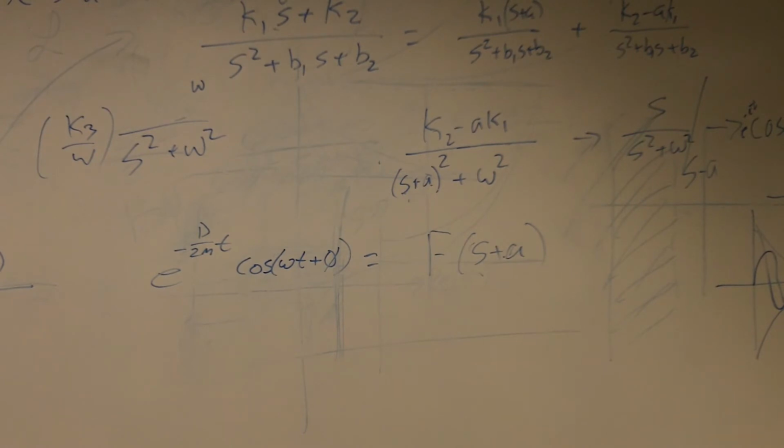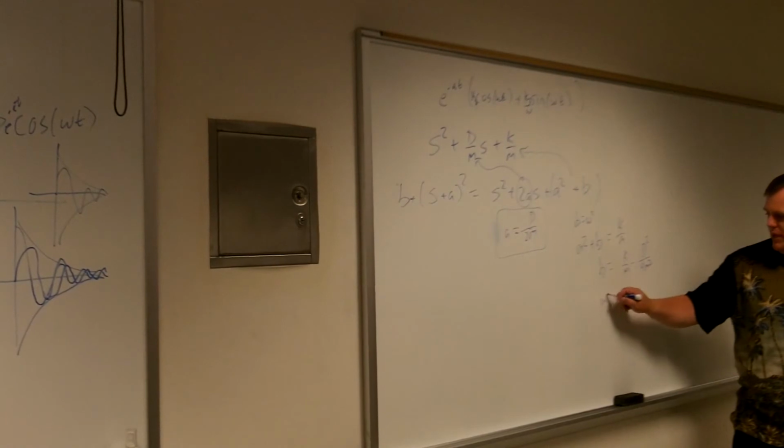B itself is therefore equal to k over m minus A squared. And A squared is d squared over 4m squared. So there's B. That's omega squared. So I take the square root to get omega.